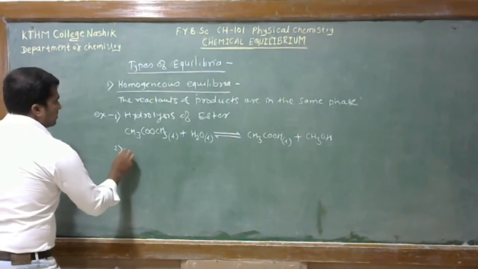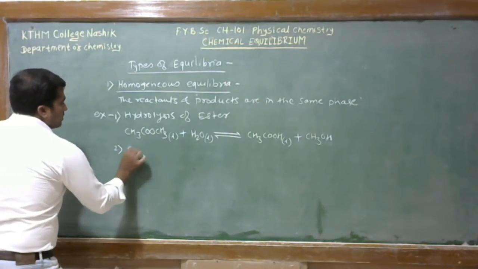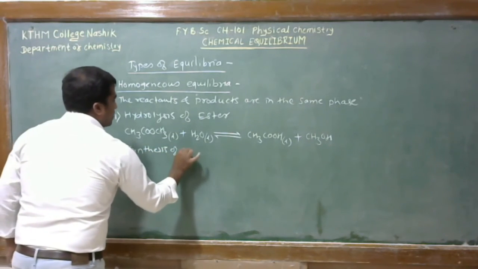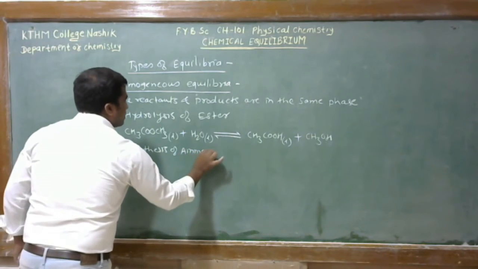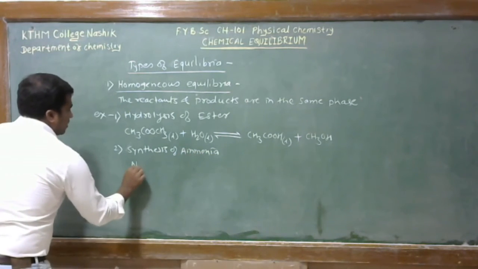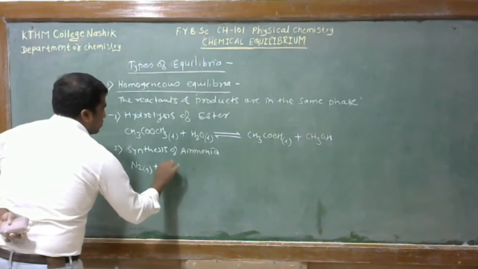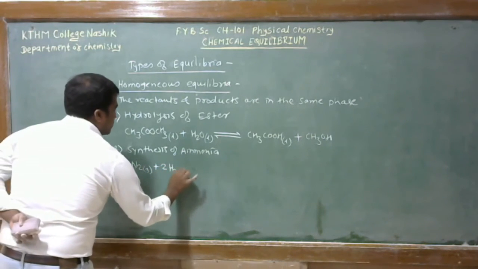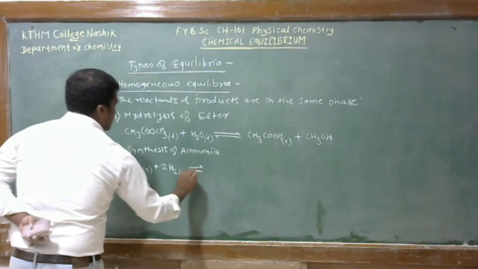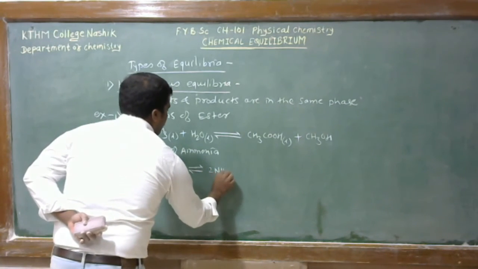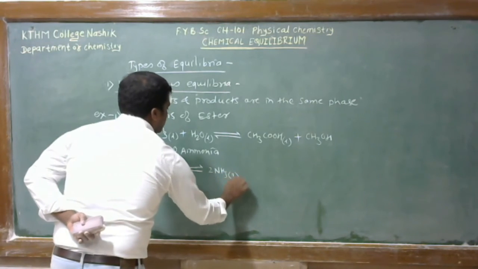Next example is synthesis of ammonia. Here N2 gas reacts with 3 moles of H2 gas. It gives 2 moles of NH3 gas.